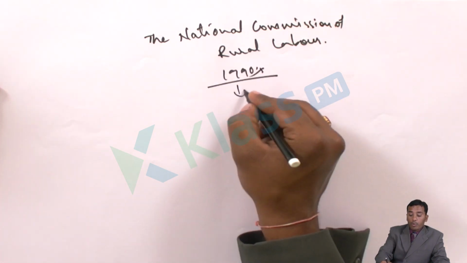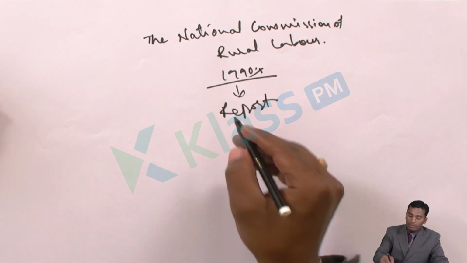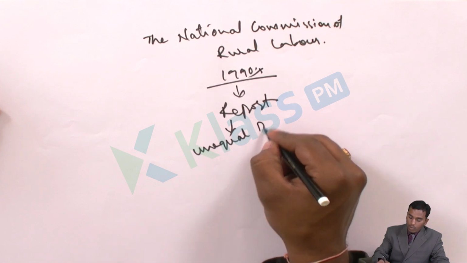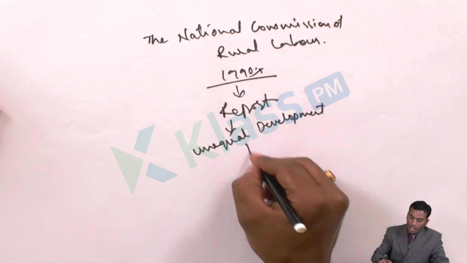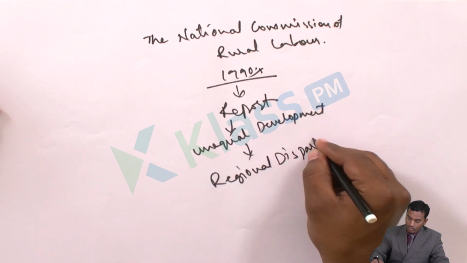They gave a report. That report states that migration happens because of, the first thing, unequal development and regional disparities.